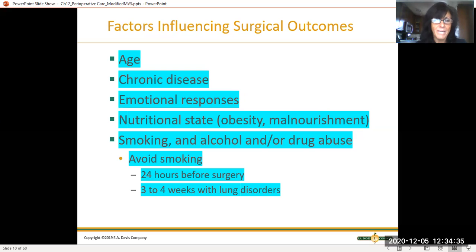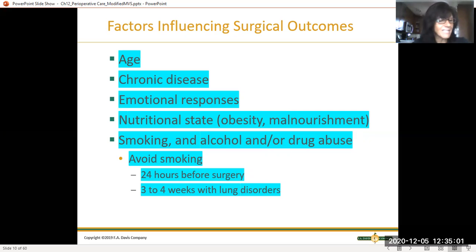Because with diabetes mellitus, more so if it's been uncontrolled or erratic, patients will typically have a very difficult time with healing and a prolonged healing process. So the longer it takes for the surgical site to close, the higher the risk for infection becomes. So that's chronic disease that would be a huge factor in influencing the surgical outcome.